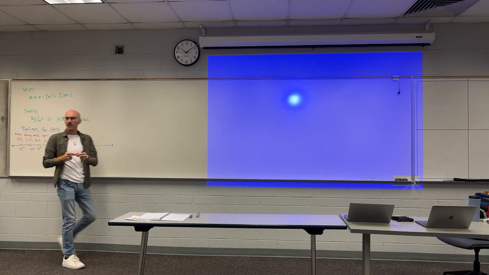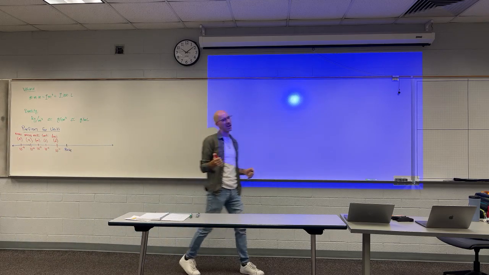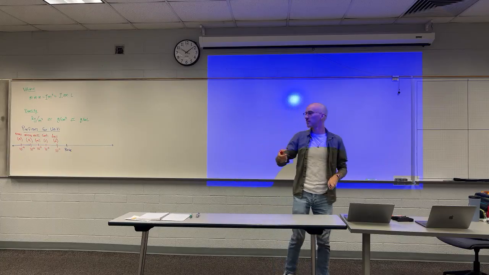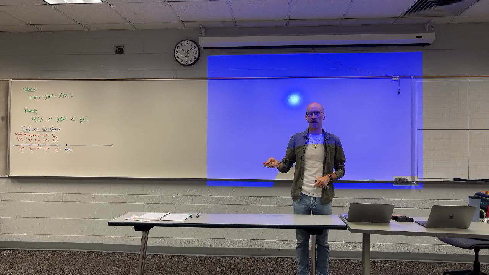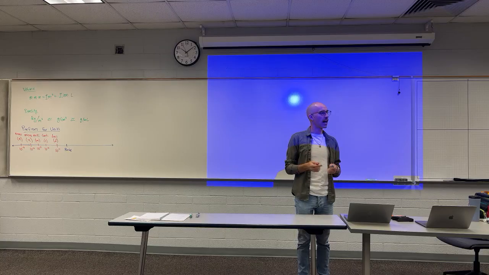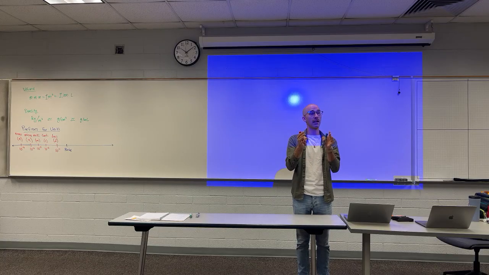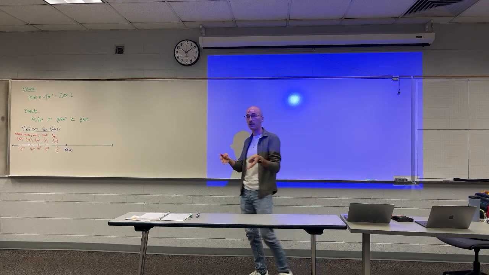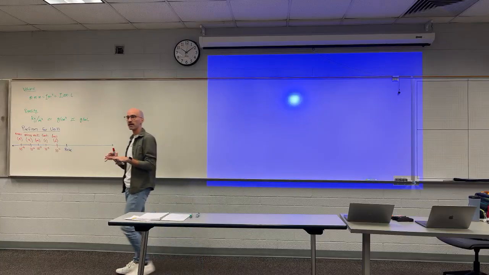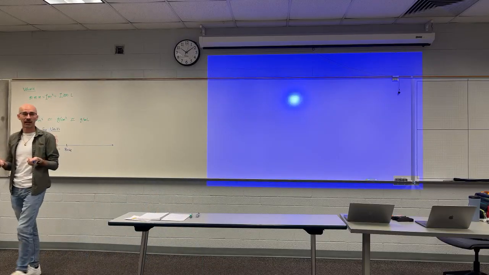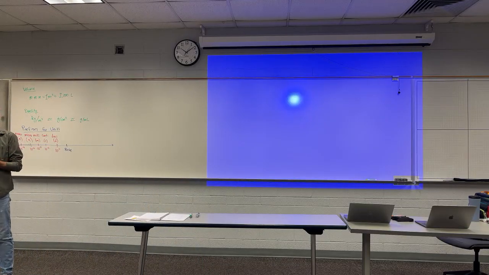Then there's pico, 10 to the negative 12th, and femto, 10 to the negative 15th. Not incredibly common, but if you want to talk about the scale on which chemical reactions take place, they take place in femtoseconds to picoseconds.